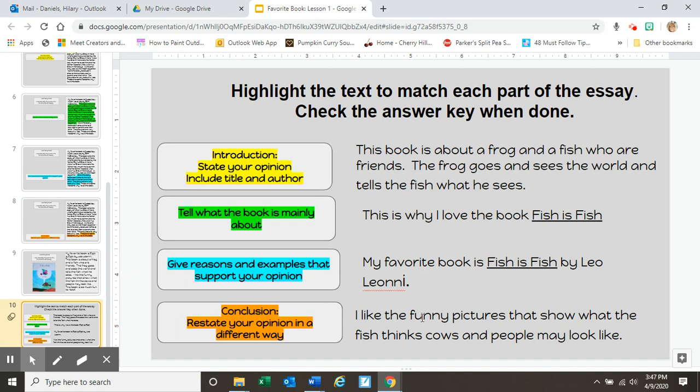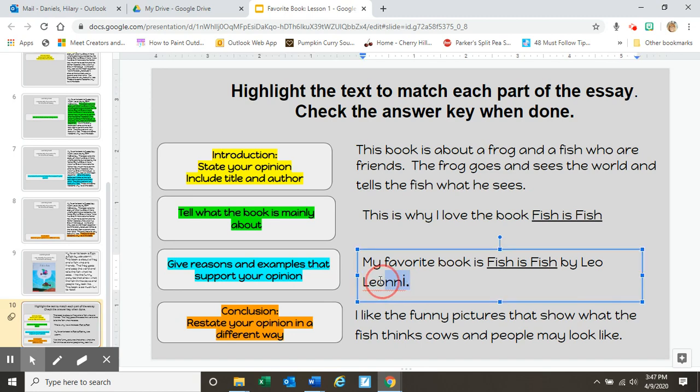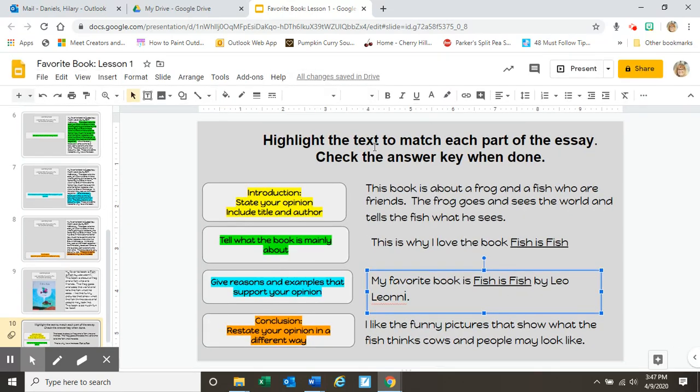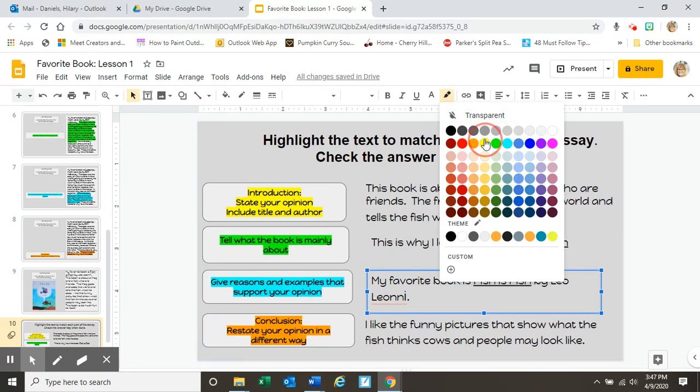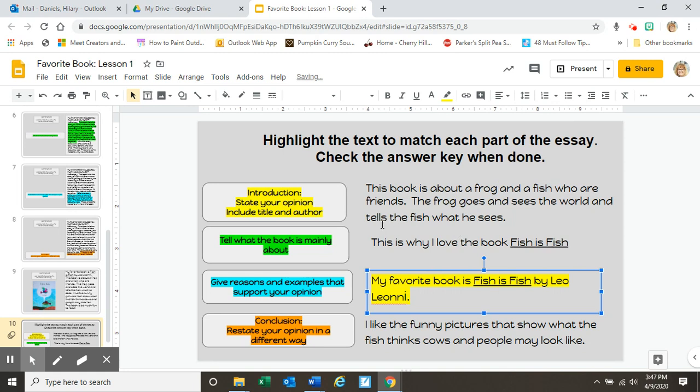I like the funny pictures that show what the fish thinks cows and people may look like. No, I don't think that's the introduction. So I'm going to highlight this part in yellow because that matches up with introduction.